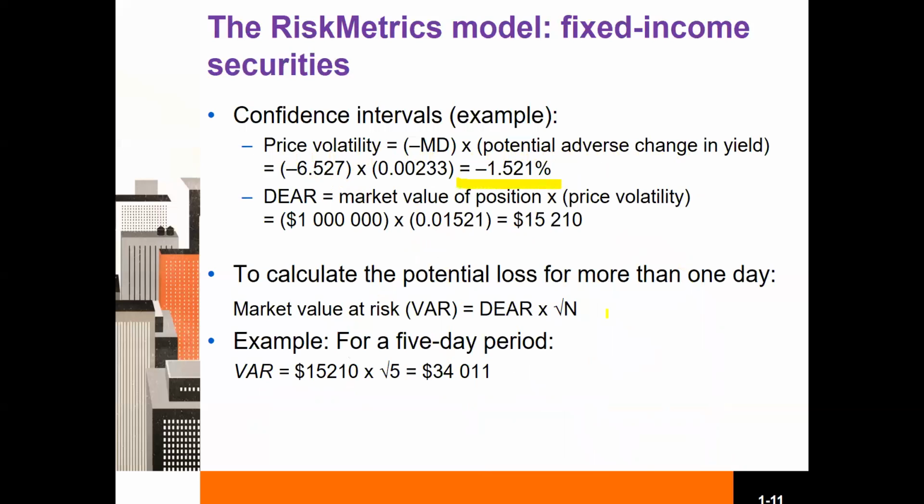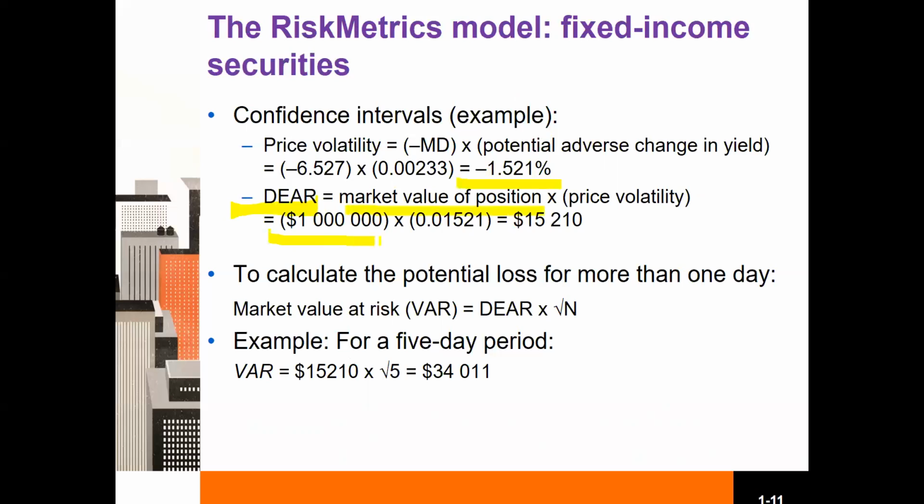Okay, so since it is minus 1.521%, what does it mean? It means that there is a risk that the value of the portfolio will decline by 1.521%. So what's the earning at risk? Daily earning at risk is the market value of the position.